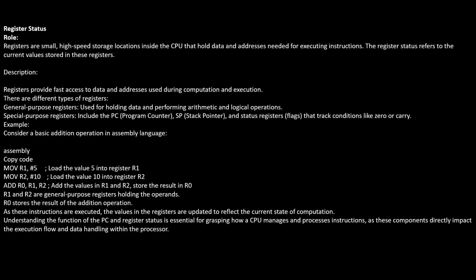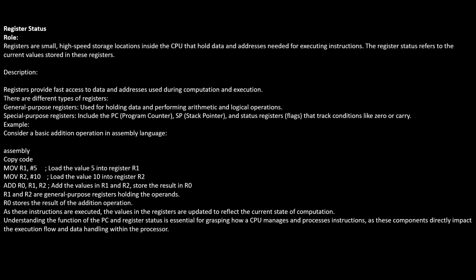R1 and R2 are general purpose registers holding the operands. R0 stores the result of the addition operation. As these instructions are executed, the values in the registers are updated to reflect the current state of computation.